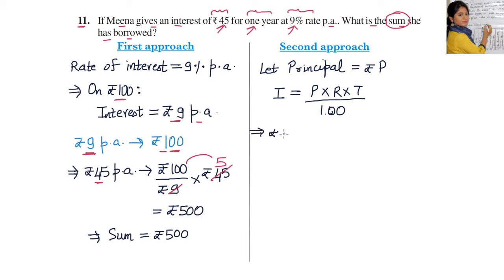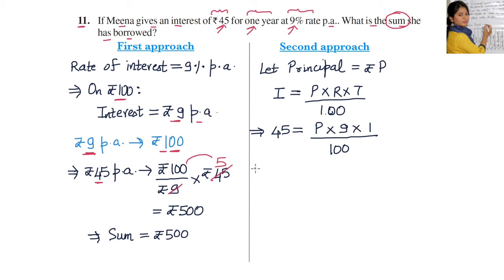So rupees 45 is the value of interest, so we write 45, which will be equal to the principal that has to be found, P, because we have assumed the principal as P. 9 is given as the rate and for 1 year, so T is 1, upon 100. We need to find P, right?